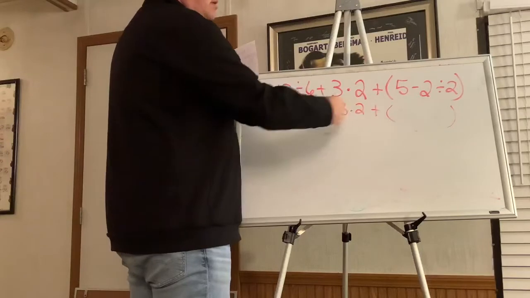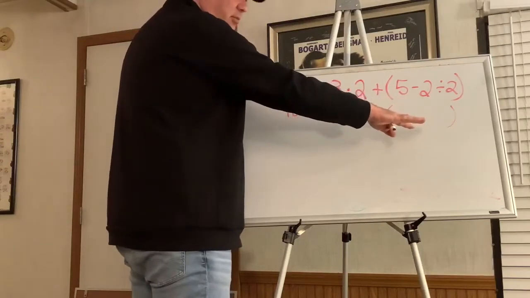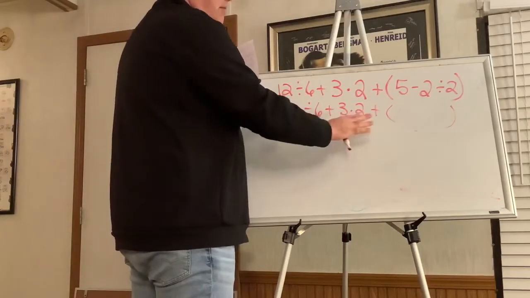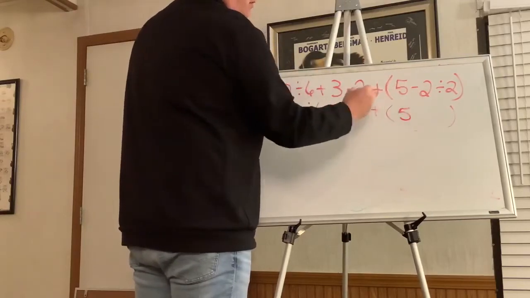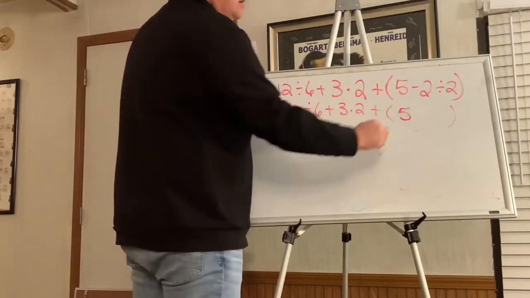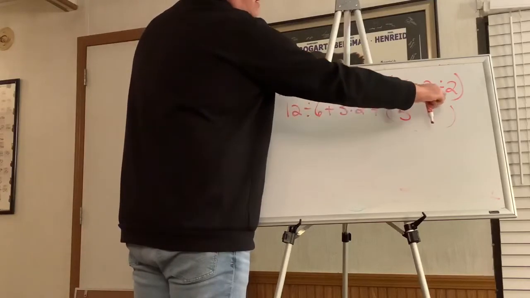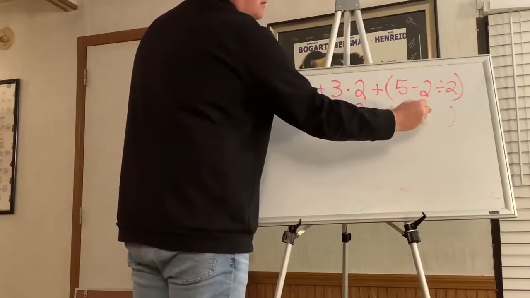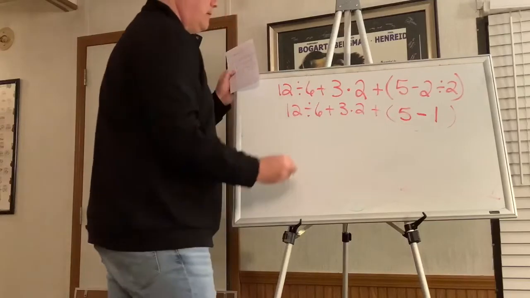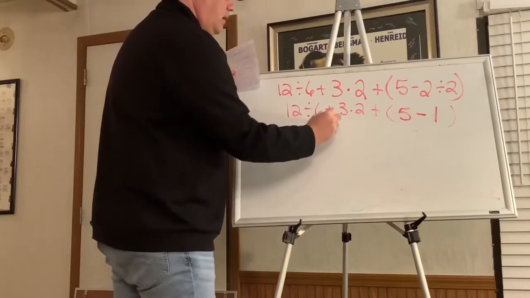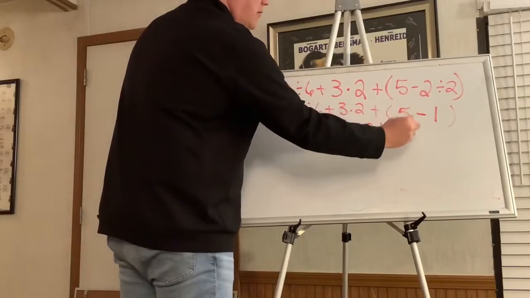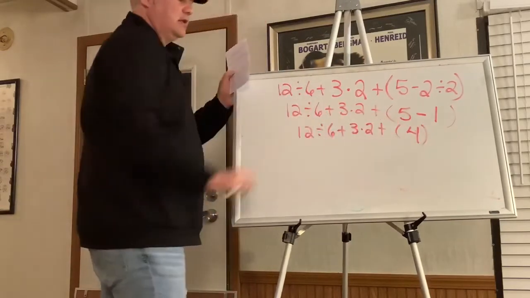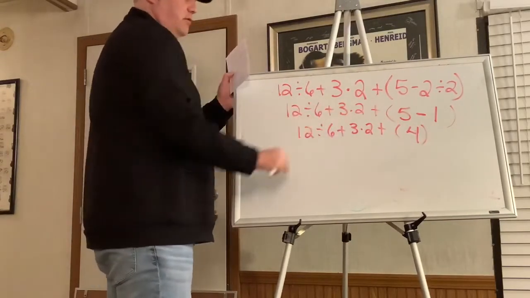The reason I say you could go ahead and do this is it's separate from the parentheses, so you could start following PEMDAS through here, but you want to make sure that this is done first before you add it in. But 5 minus 2 divided by 2, so you do the division first, so it's 5 minus 1, and so this is going to become a 4. Now you're done in the parentheses, so it's just plus 4 at the end.